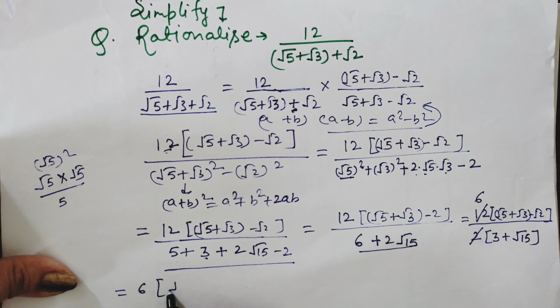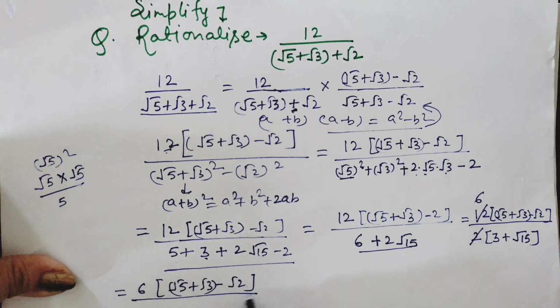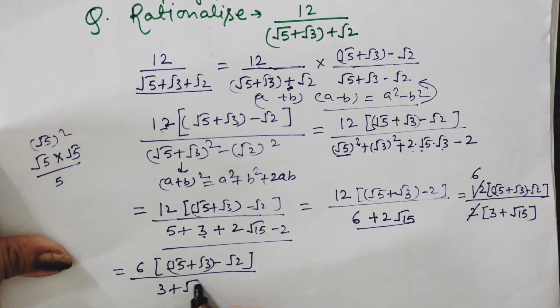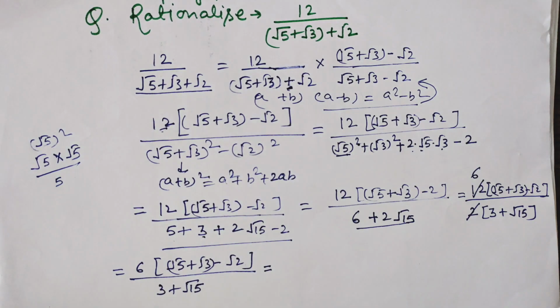Inside is root 5 plus root 3 minus root 2 upon 3 plus root 15. Okay. Now you can see 12 is reduced by 6 times. Now we have this much term.